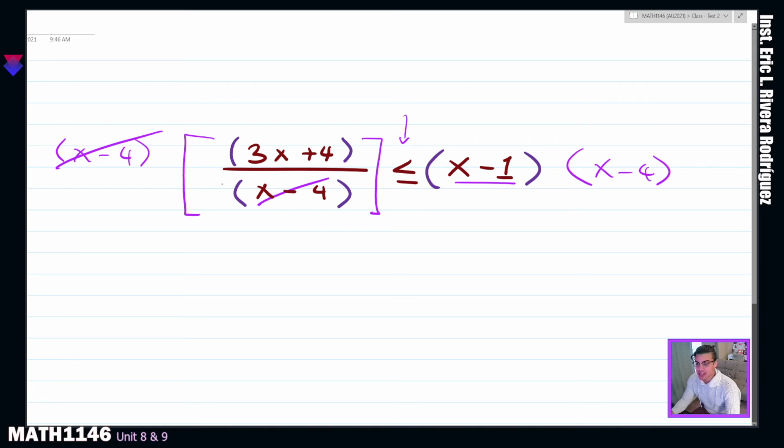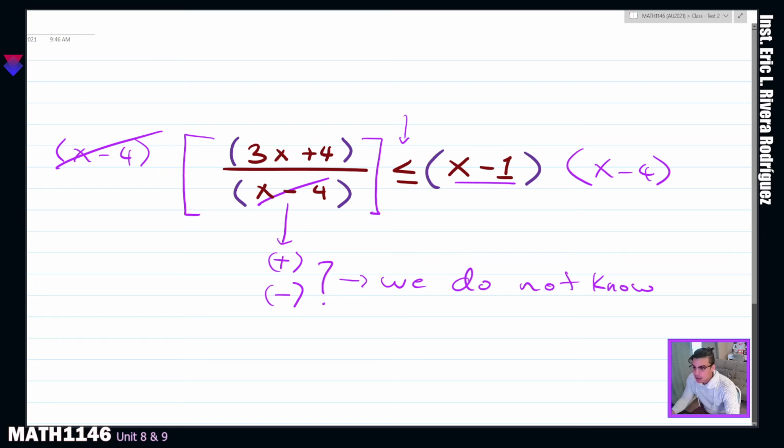The problem here is, do we know the sign of x minus 4? Is x minus 4 negative or positive? Is that something that we can know? We have a variable there, right? Is x minus 4 positive or negative? The answer to this question is we do not know.